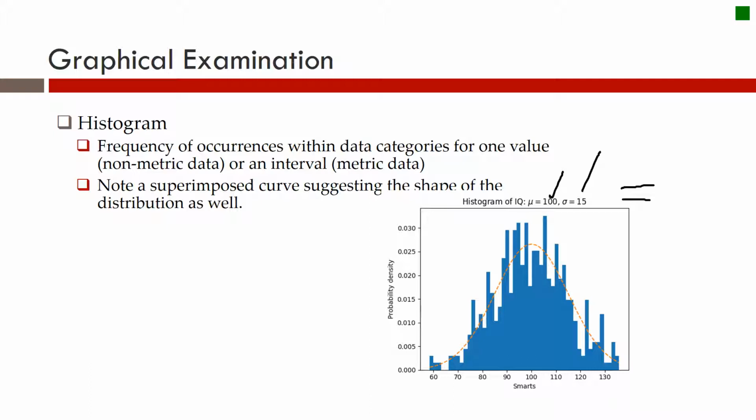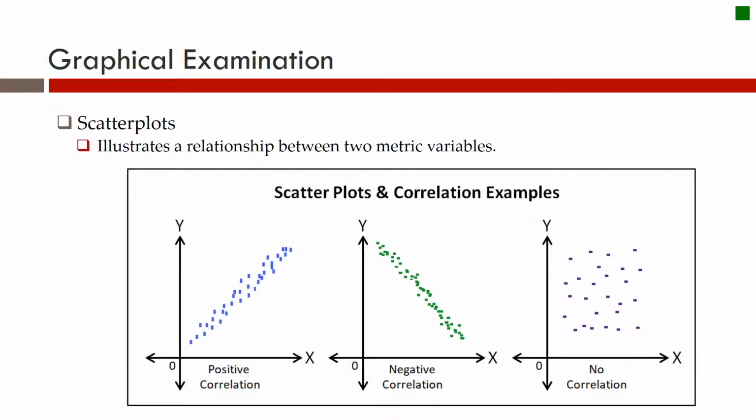If we have more than one variable, sometimes we want to look at the relationship, at least in a preliminary sense. We look at the relationship that two variables may have together. So we can use scatter plots, and again, we have two variables here. This shows a general relationship of two variables.